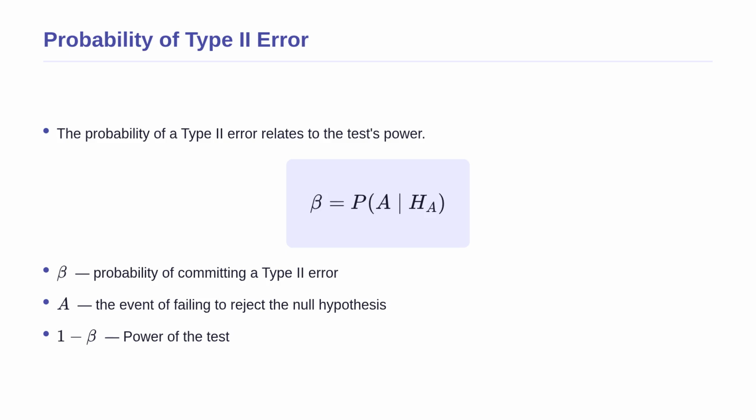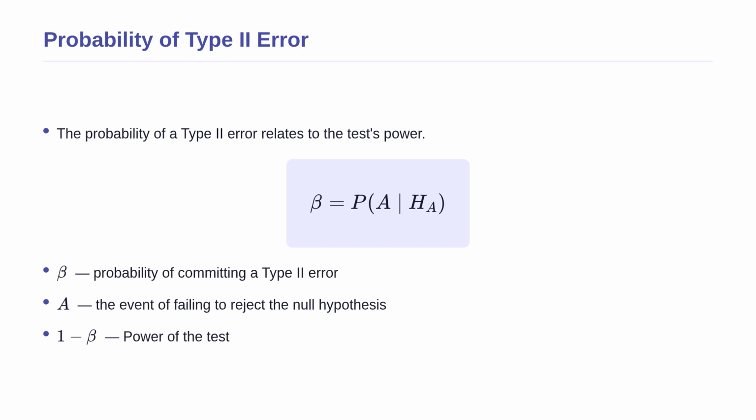Having calculated our false alarm rate, we must now look at the mathematical representation of our missed dangers. Here, the Greek letter beta represents the probability of committing a type 2 error. The formula calculates the probability that we fail to reject the null hypothesis, given that the alternative hypothesis is actually the true state of reality.